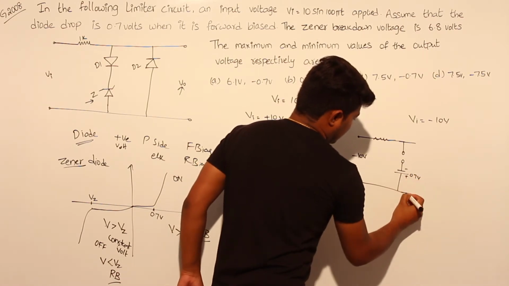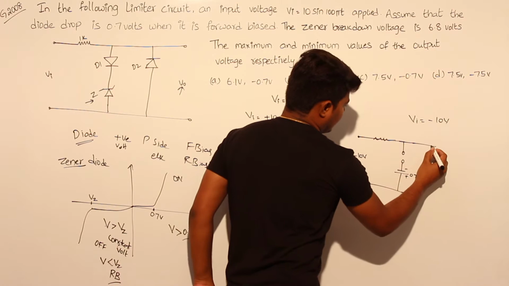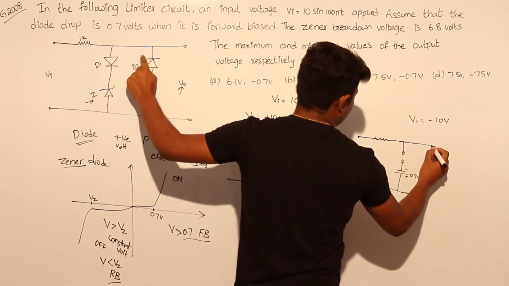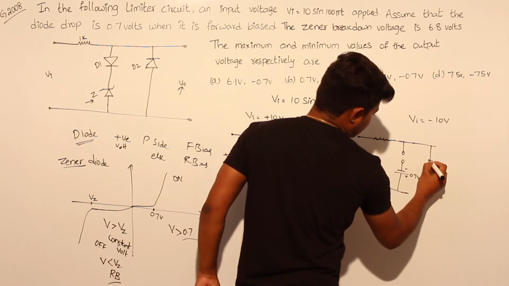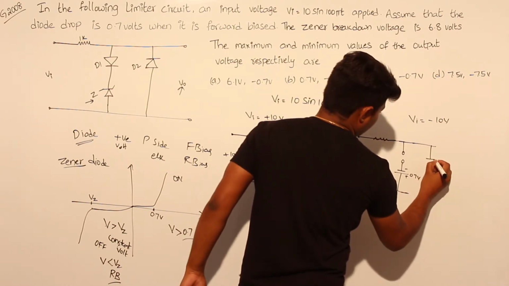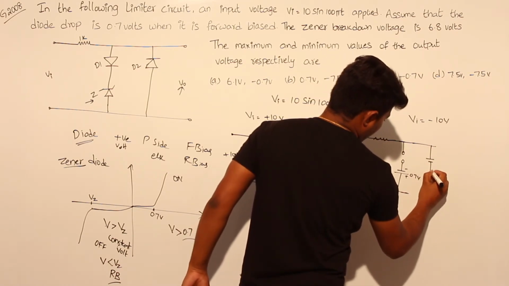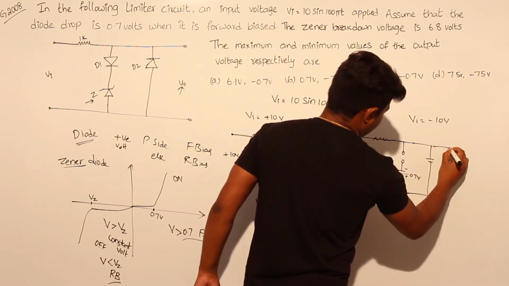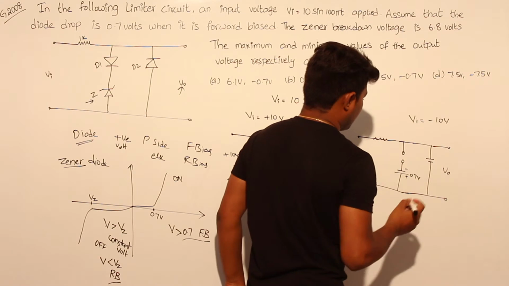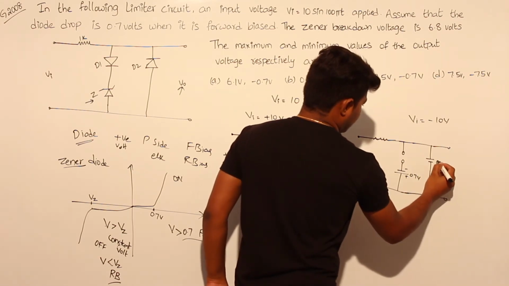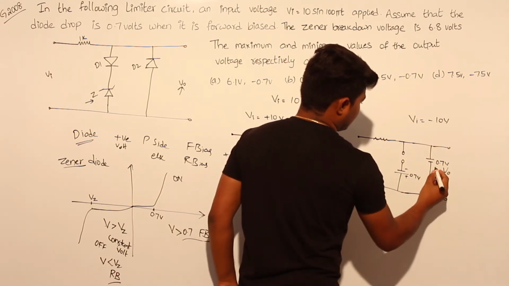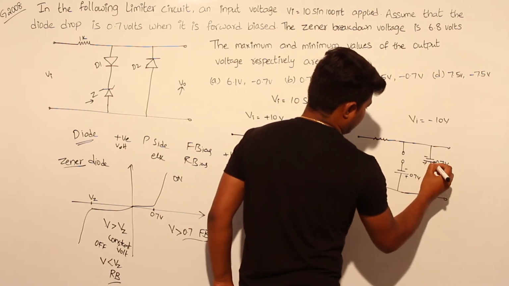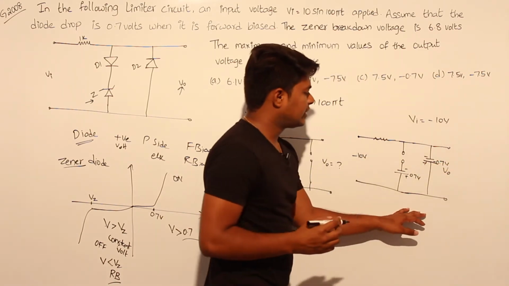This circuit will be like this: the diode has minus applied to the N side, so it will be in forward bias. This will be V0, with 0.7 volts, minus and plus as shown.